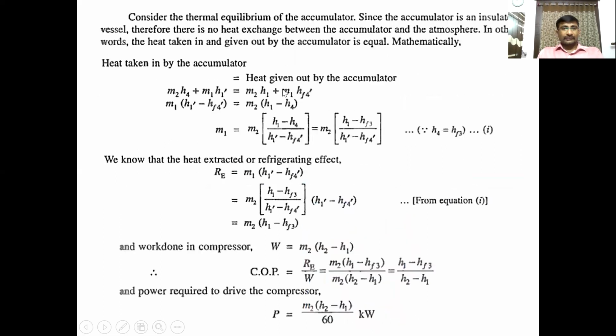From this, consider the thermal equilibrium across the accumulator. Since the accumulator is an insulated vessel, there is no heat exchange between the accumulator and the atmosphere. In other words, heat taken in and given out by the accumulator is equal, because it is an insulated chamber. Mathematically, heat taken in by the accumulator is equal to heat given out by the accumulator.